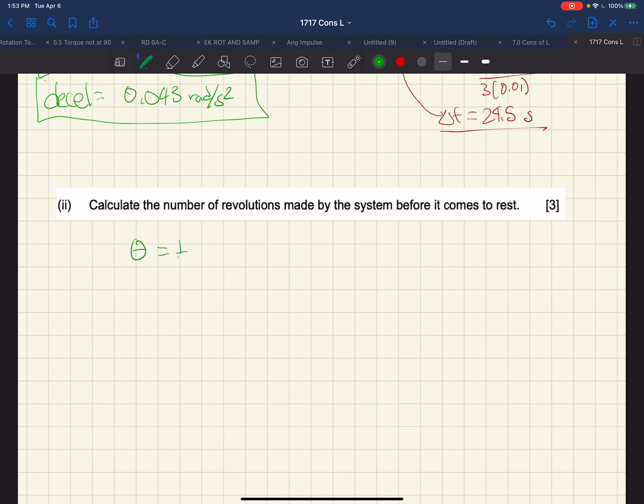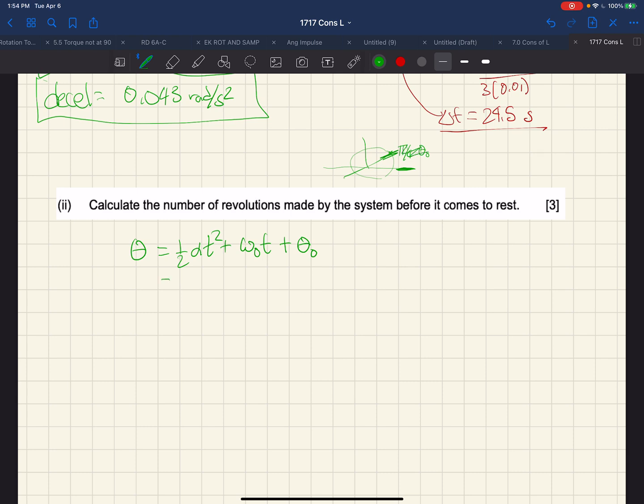Theta is 1/2 alpha t squared plus omega naught t plus theta naught. So the number of revolutions is defined from where it started. It doesn't matter that really we might say this was like pi over 4 radians. That's not its theta naught. It's not asking from this location, it's asking from this location.